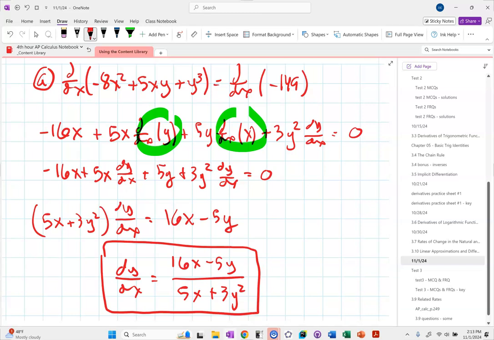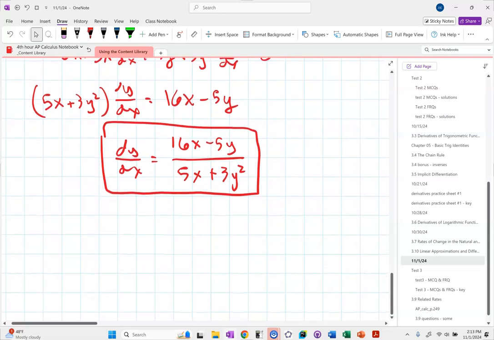Everybody's feel decent here? If I ask you to do the second derivative now, let's just say I asked for that also, what would I have to do? Quotient rule.